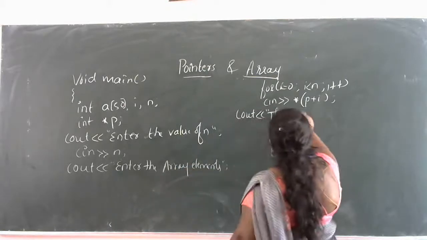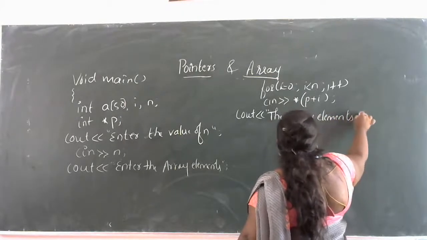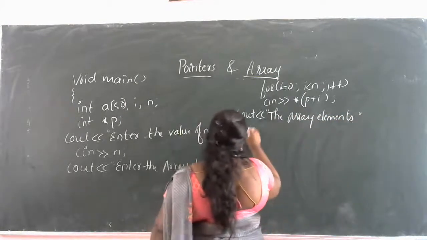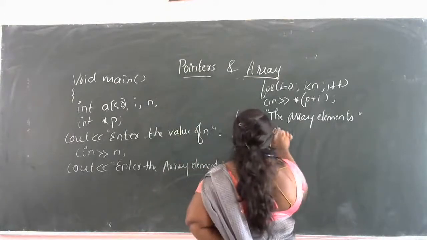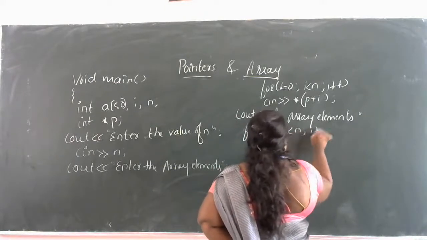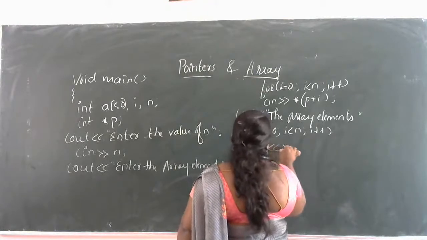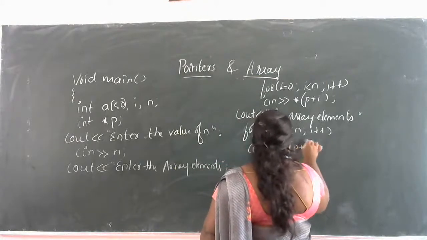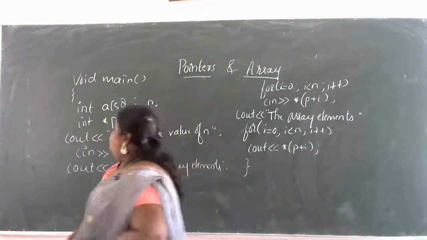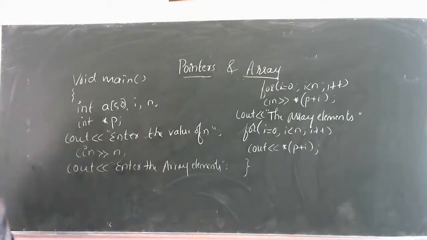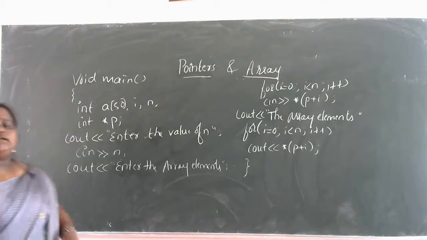Cout the array elements are. For i equal to 0, i less than n, i plus plus, cout star p plus i. This is a program for inserting and displaying array elements using pointers.